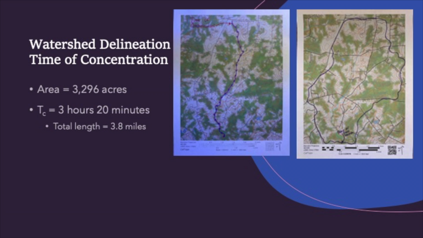This next slide covers the watershed delineation as well as time of concentration. The right image is the watershed delineation, and at first I didn't think the watershed was going to be this large. My family's farm is roughly 240 acres. I was thinking it's going to be 500, maybe 600 acres. Well, it came out to be 3,296 acres.